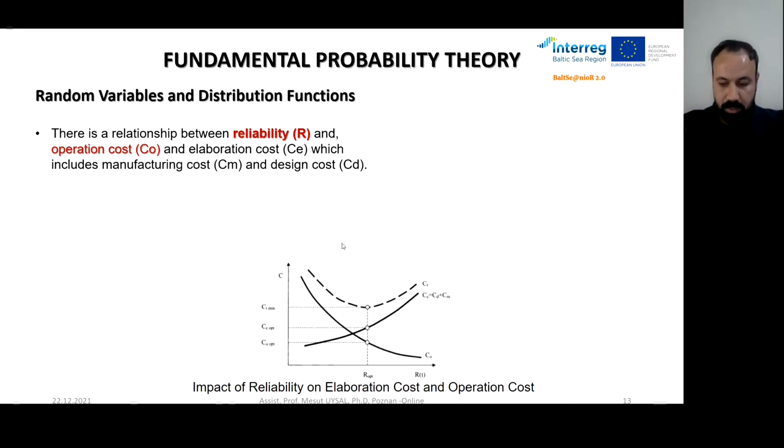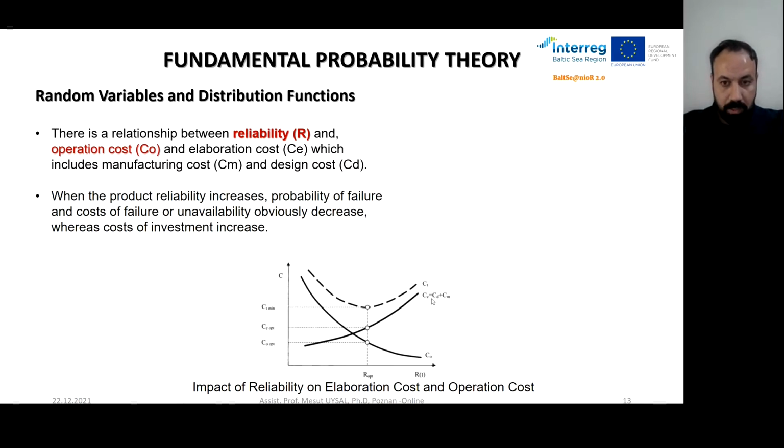But CT will be here, and CE and CD, CM, the manufacturing cost and design cost, increase. If you want high reliability, yes, the furniture producers should make an investment for it, for design costs and manufacturing costs. But later, in the long term, they will get its return.